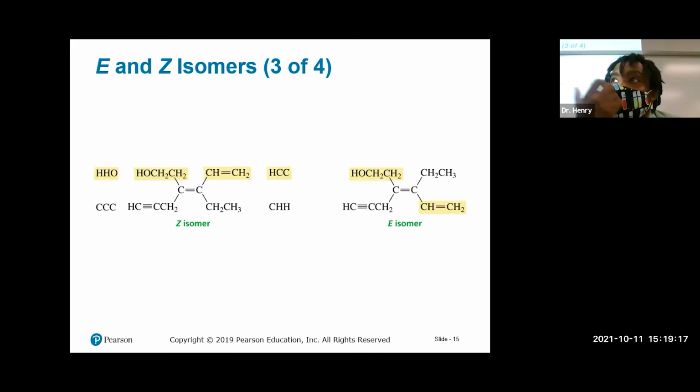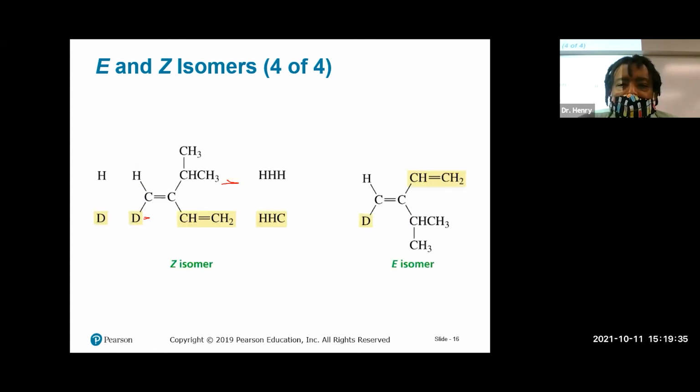Okay, so here's another example. You guys can see. So we have double bond versus triple bond, single bond. So this guy would have been Z. This guy would be E. Okay. So again, double bond would have priority.